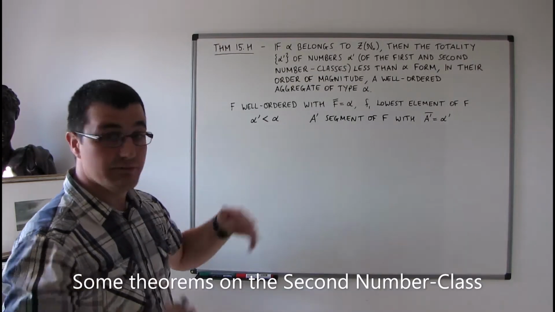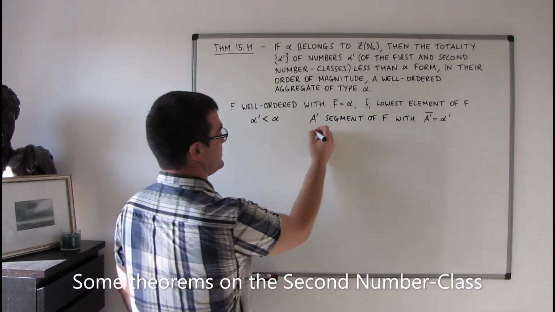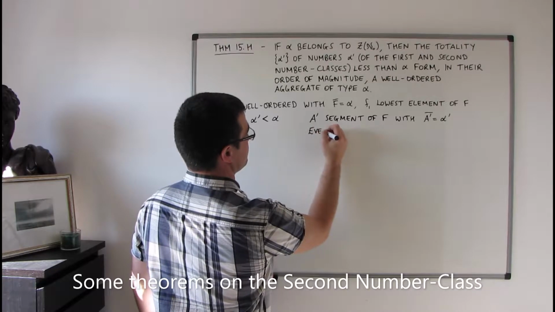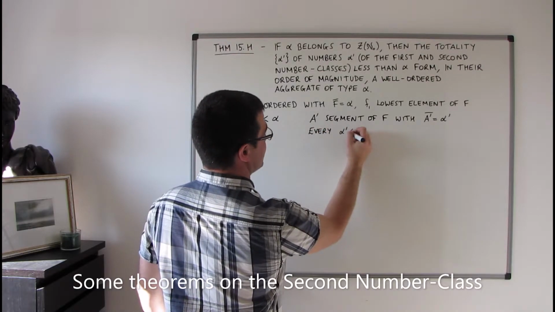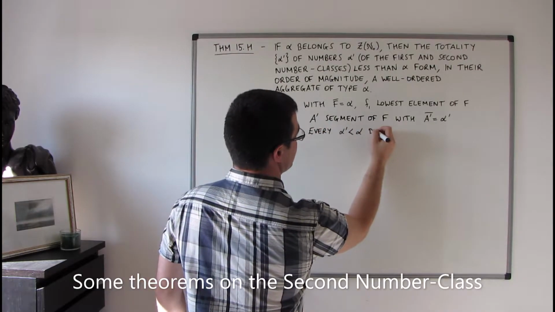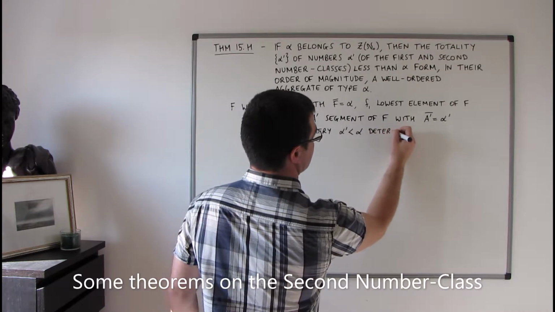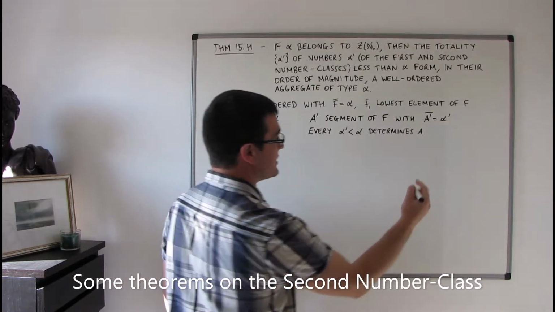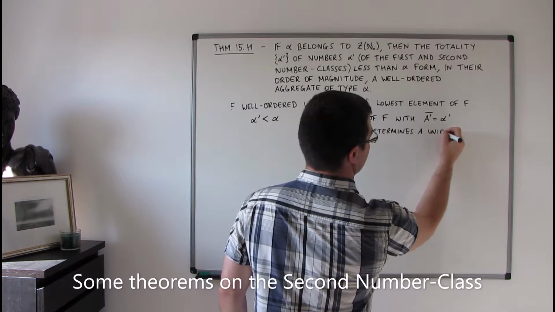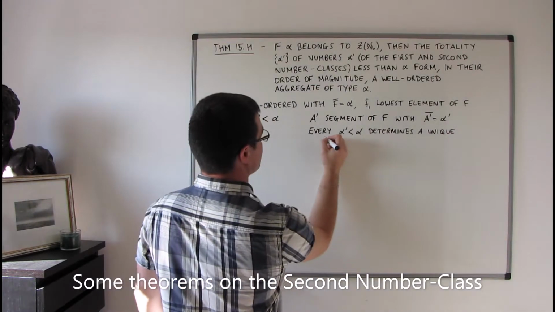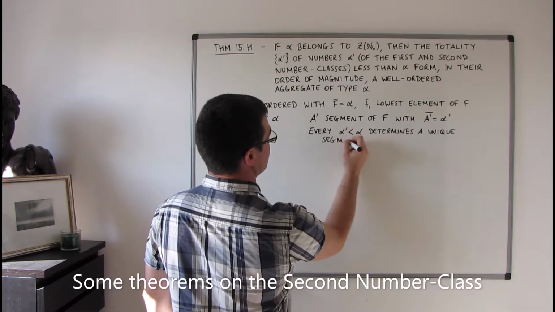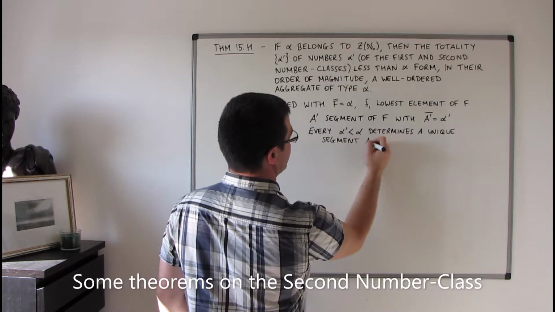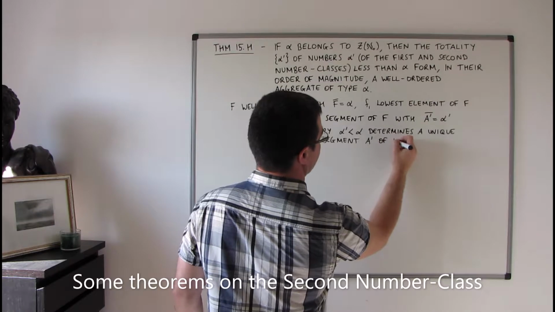And also, conversely, every alpha prime less than alpha determines a unique segment A' of F.